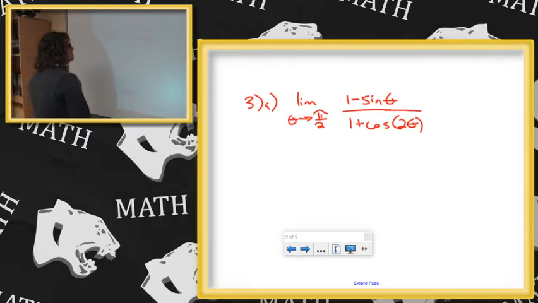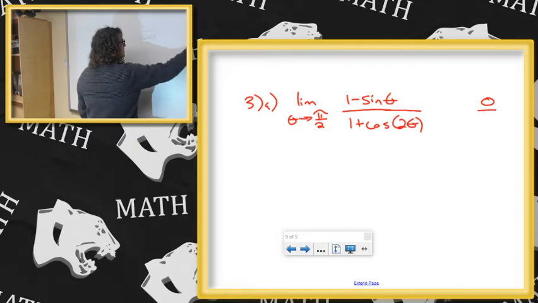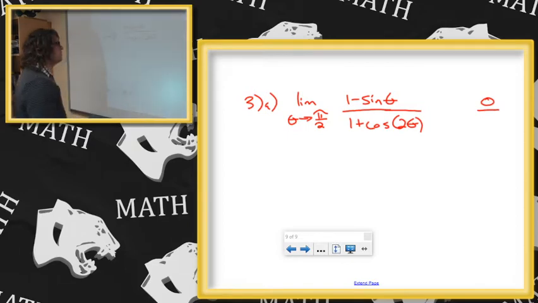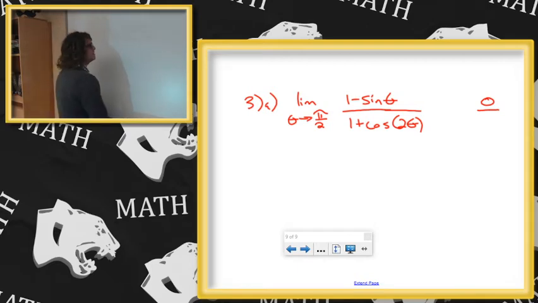So this is going to be 1 minus the sine of pi over 2, so it's 1 minus 1 in the numerator, so that's approaching 0, over 1 plus the cosine of pi over 2 times 2, which is the cosine of pi. Cosine of pi is -1, so it's 1 plus -1. That approaches 0 as well. Okay, so it approaches 0 over 0.